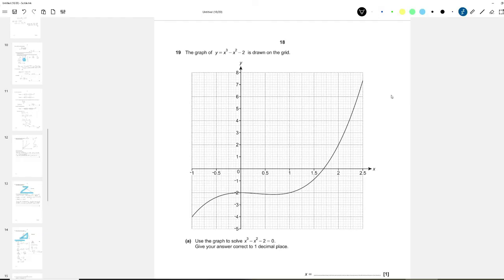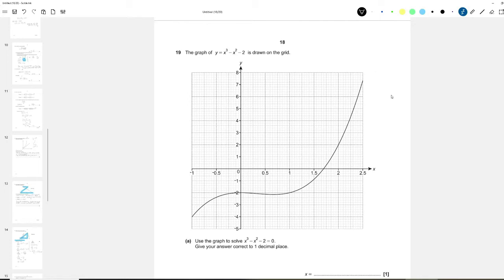Question 19. The graph of y equals x cubed minus x squared minus 2 is drawn on the grid. Use your graph to solve x cubed minus x squared minus 2 equals 0. Give your answer correct to 1 decimal place. Now, this is the graph y equals x cubed minus x squared minus 2.